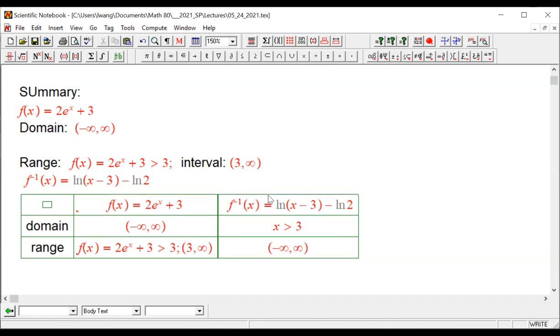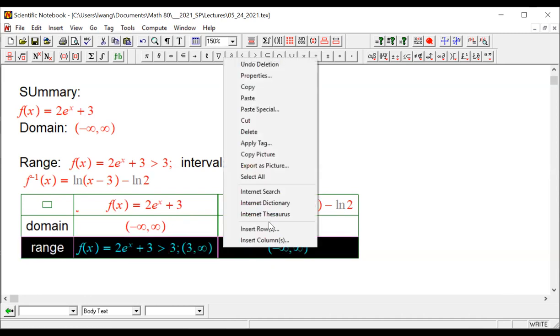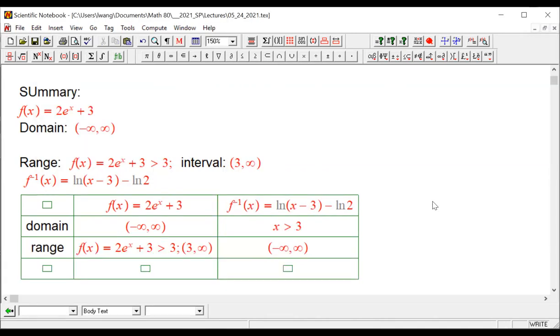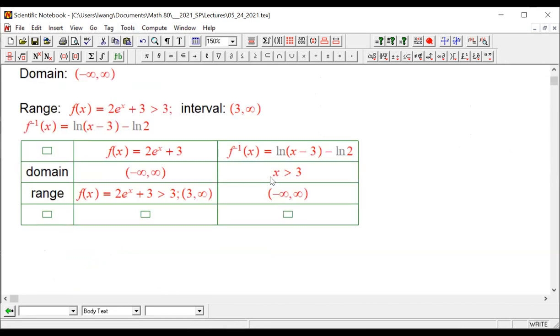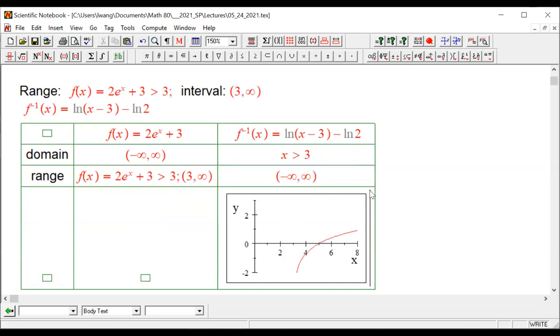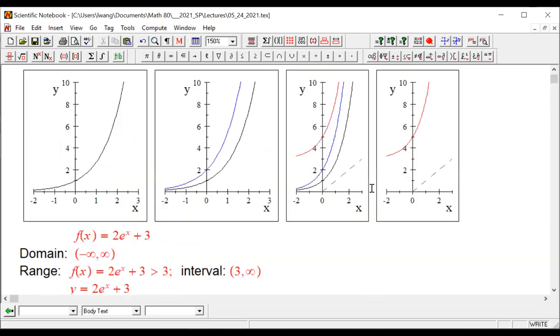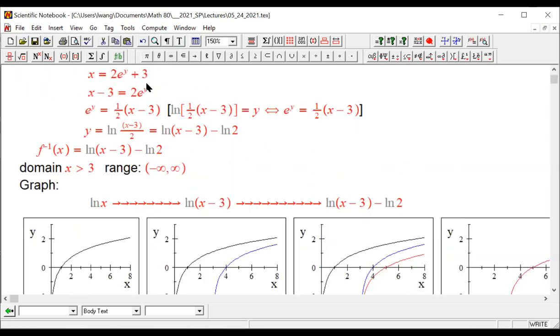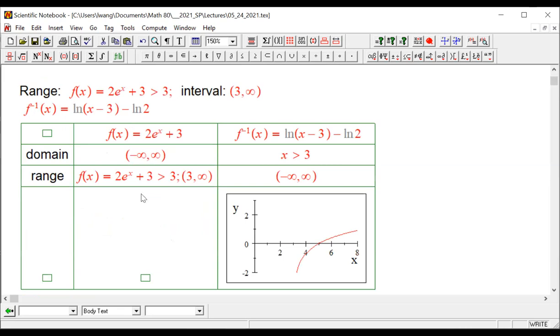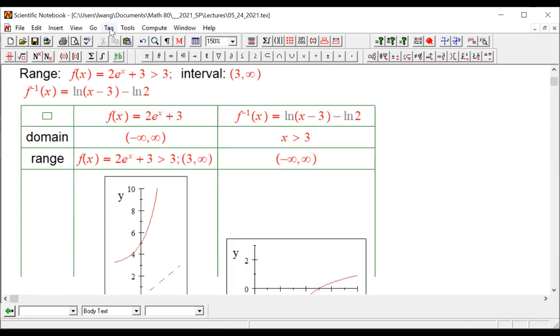Okay, and what else? The picture. So I'm going to graph the picture. Insert a row. The picture we had was for the latter one, and the other one we just put over here.